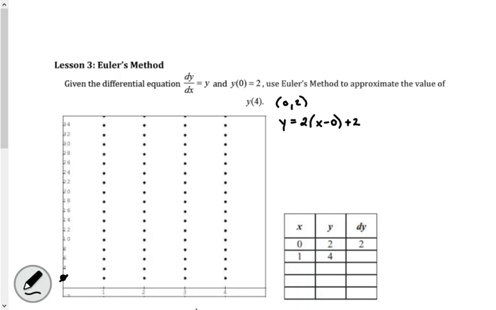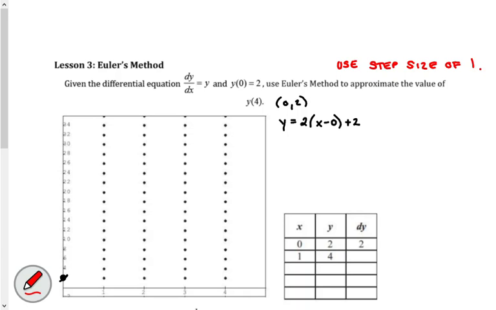Okay, so then Euler was like, cool, now I'll use it to approximate the value at another point, a certain distance away. It's going to tell you what step size to use, but let's use a step size of 1 for this problem, just to make it easy for you to see what's going on.